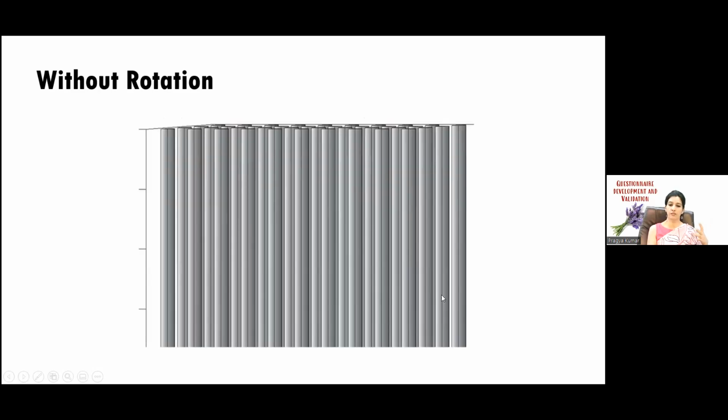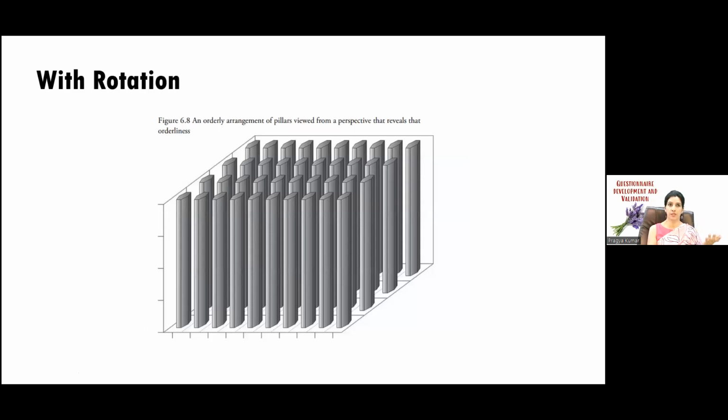This was without rotation, and this was with rotation. So rotation helps you to orderly arrange the items from that perspective, which reveals that it is in order. Am I making sense to all of you up till now?